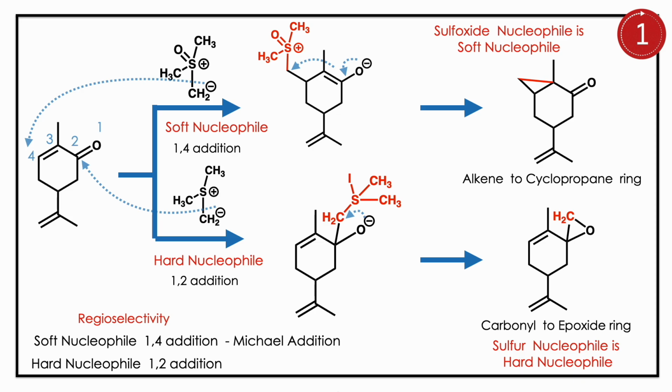You have epoxide formation. First case cyclopropane formation, second case epoxide formation. The concept you have to learn here is that sulfoxonium ylides are soft nucleophiles which will undergo 1,4 addition. On the contrary, sulfonium ylides are hard, which will undergo 1,2 addition.